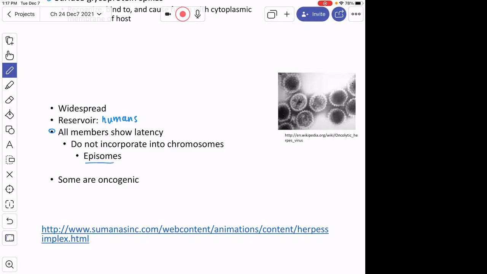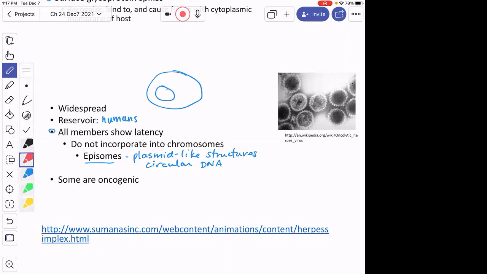They actually form episomes instead of incorporating into host DNA. So, these are plasmid-like structures of circular DNA. Okay, so here's a host cell. Here's the DNA in the nucleus here.